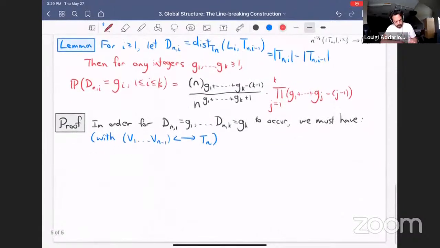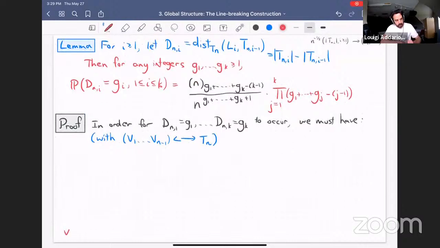Well, first, this is saying that the first branch has length g1. So that means we must have seen values all the way up to g1, and then we saw a repetition. After that, when we see a repetition, that means we create a leaf, and then the next value, vg1 plus 1, appears somewhere down here in the sequence.